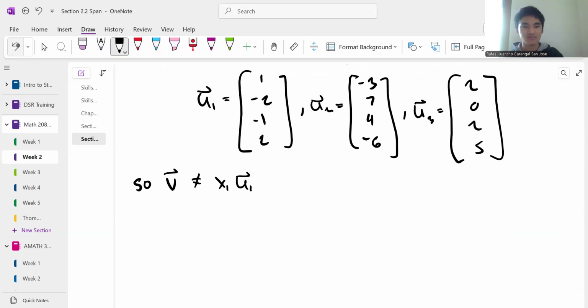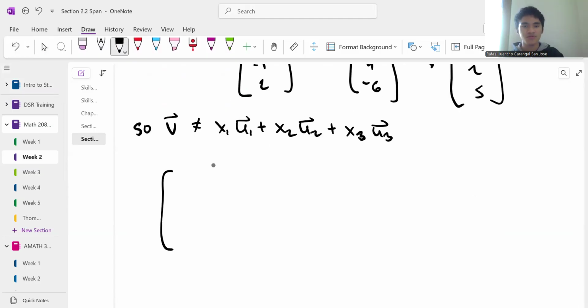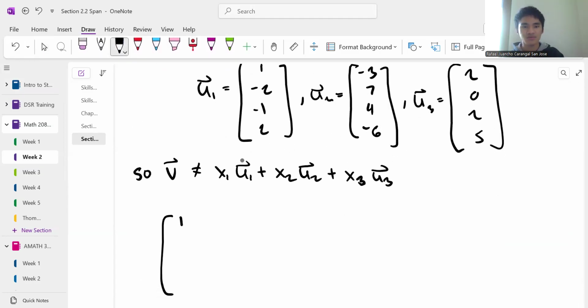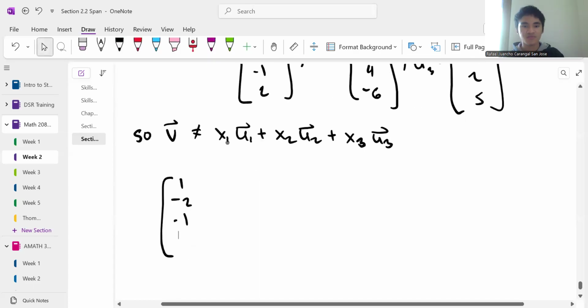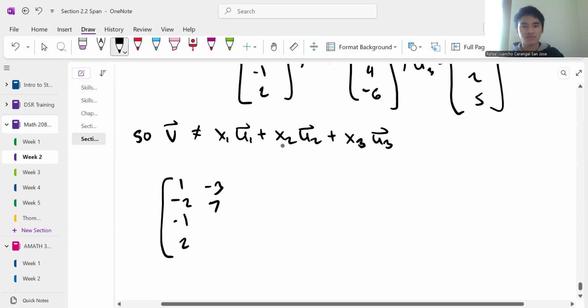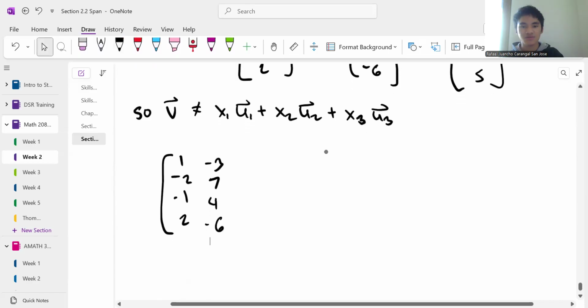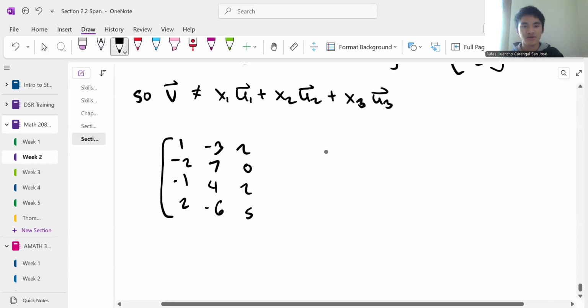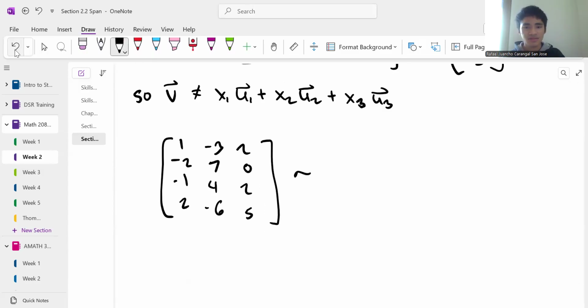Let's do X. So we do our usual augmented matrix. 1, -2, -1, 2. Then -3, 7, 4, -6. Lastly, 2, 0, 2, 5. We don't do anything here, so we just do that.